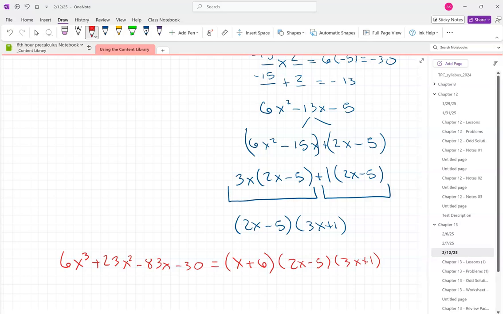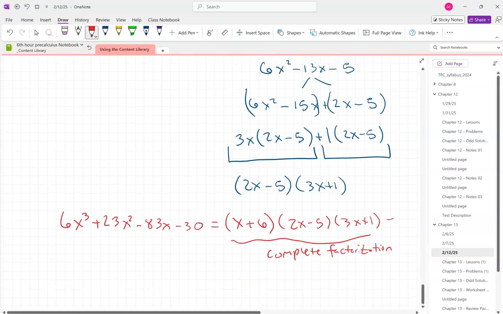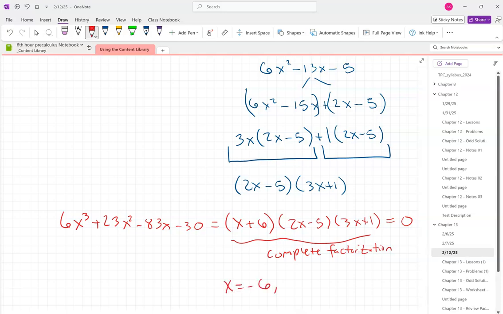So that's my complete factorization. And then to find the zeros, if I just set this thing equal to 0, I get -6, 5 over 2, and -1/3.